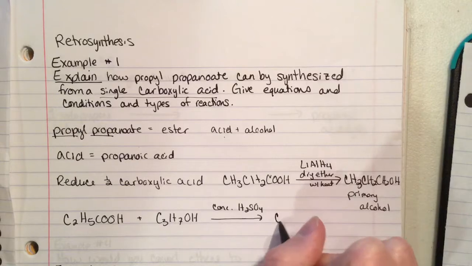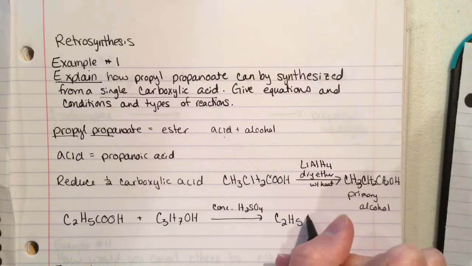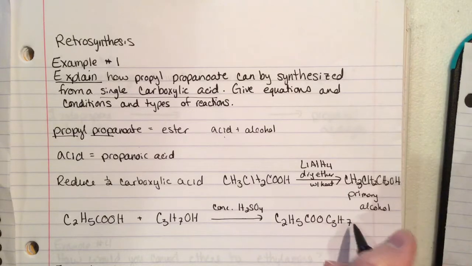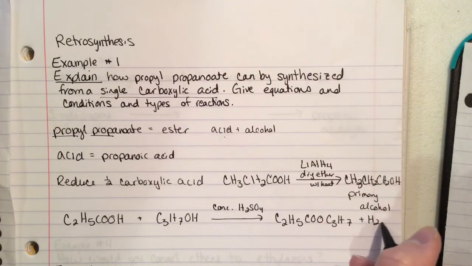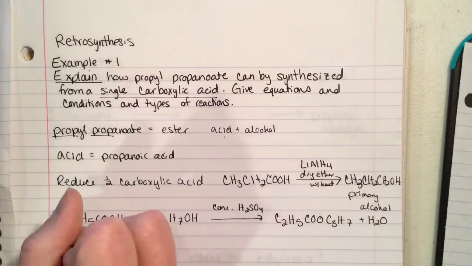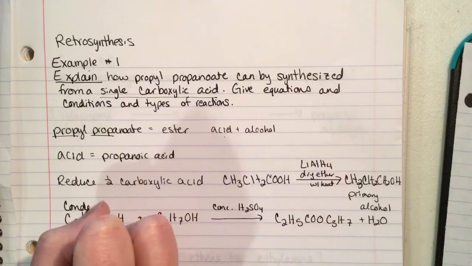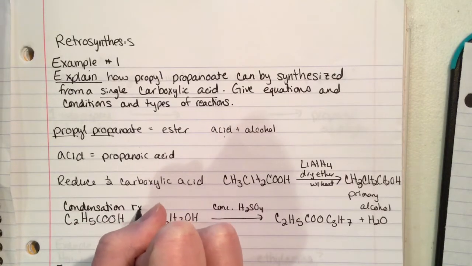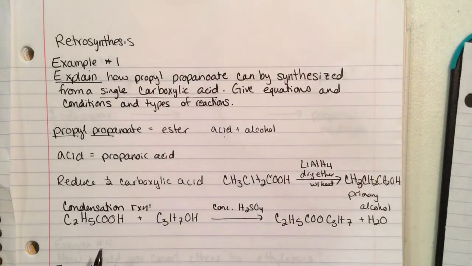And I will get propylpropanoate, and then water left over. So these are my reactions that are going to happen. A reduction of the carboxylic acid, and then an esterification reaction, or a condensation reaction, between the leftover acid and the alcohol. Should probably be all fancy and label things. Okay.